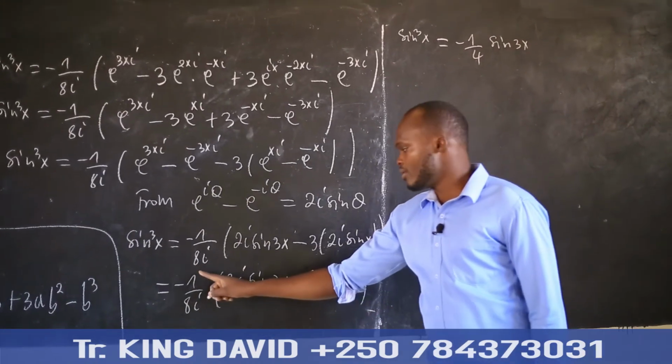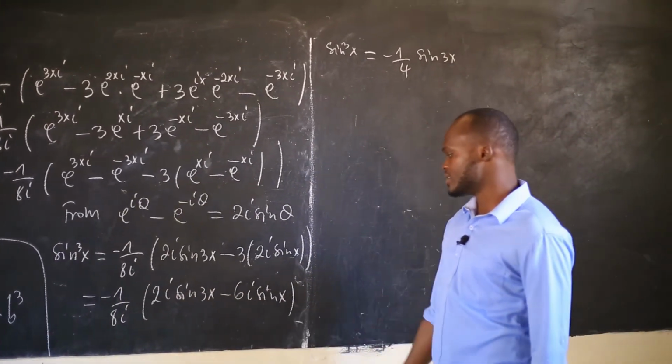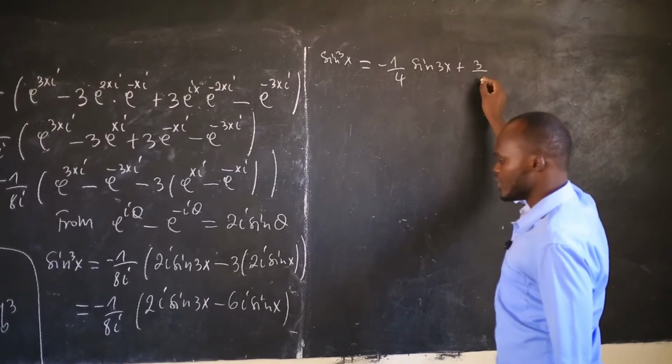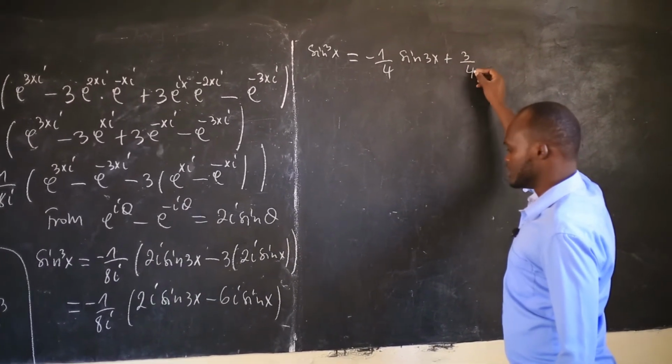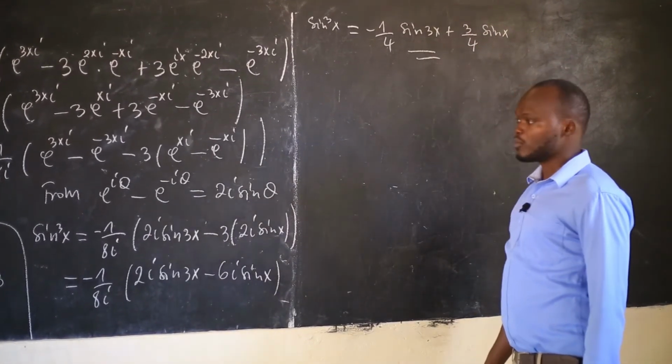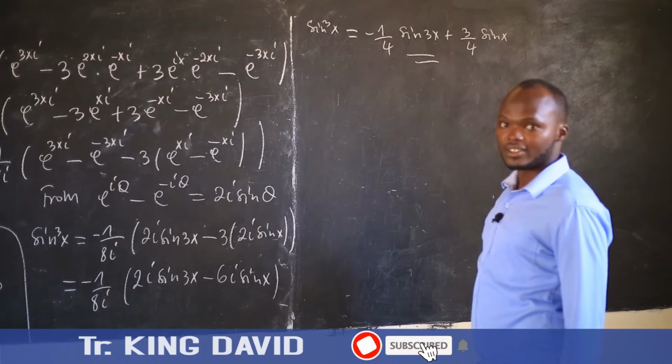Then negative 1 over 8i times negative 6i, that is positive 3 over 4 sin x. So that is the answer. I hope you have understood how we have done it.